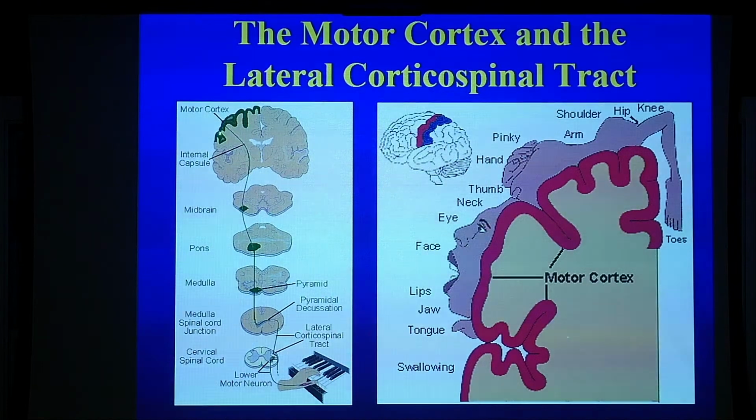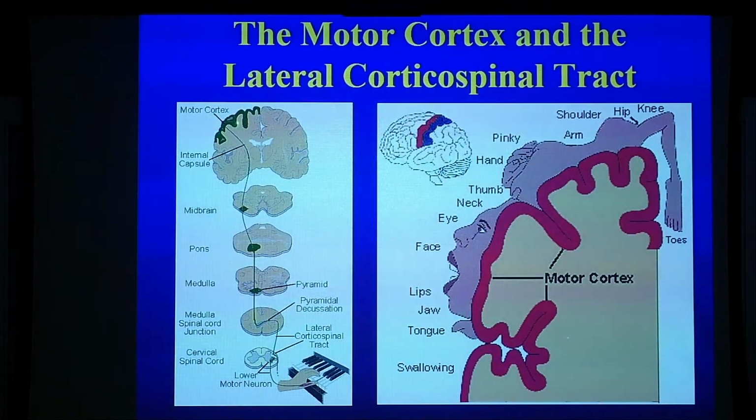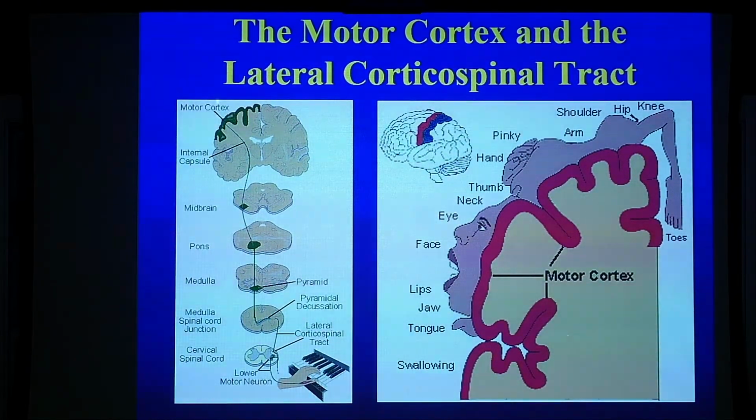This neuron has one extremely long axon that can be followed from the midbrain to the pons to the medulla. And once we get to the point where the medulla joins the spinal cord, it crosses over in the decussation of the pyramids.